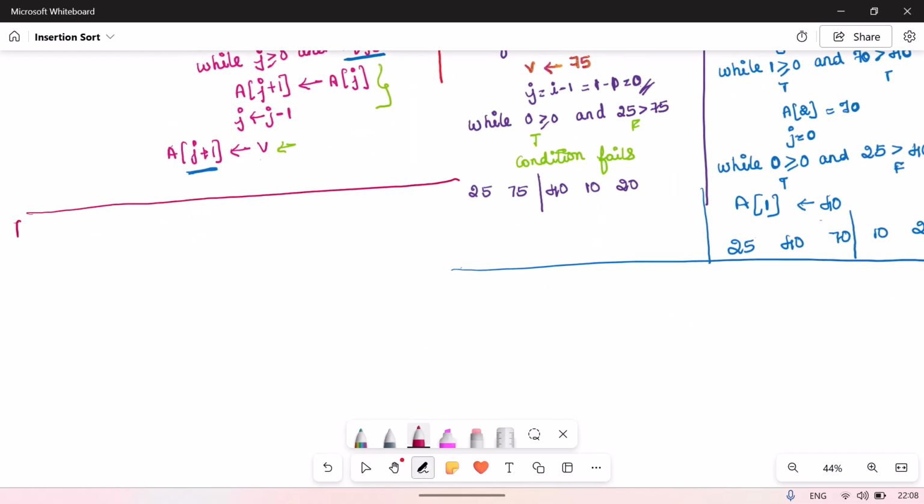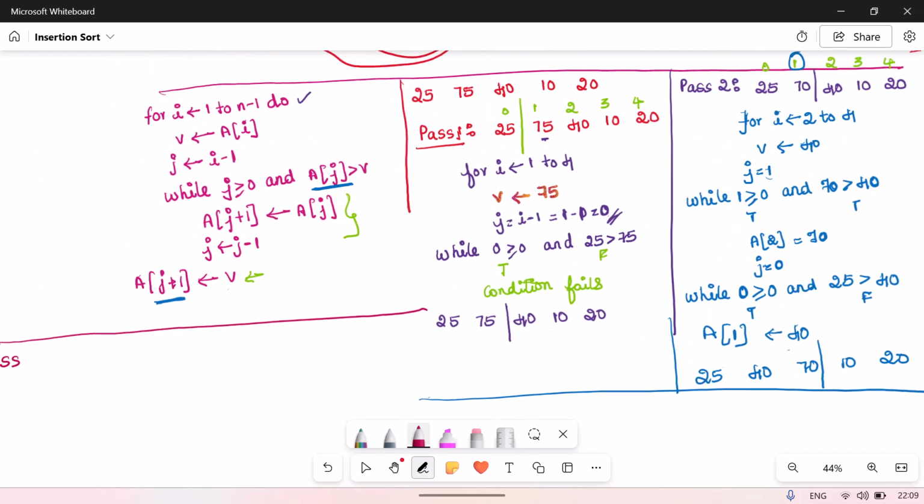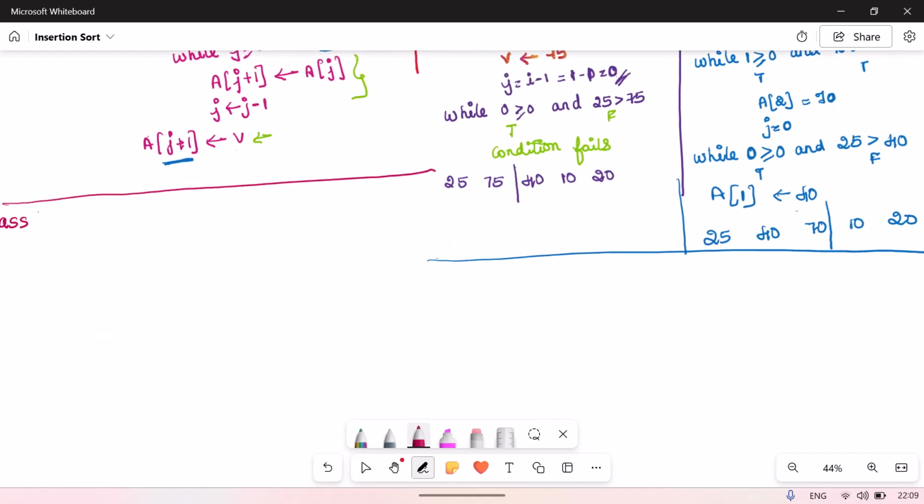Okay. So pass 2, sorry, pass 3. Pass 3, right? It's pass 3. The elements we have is 25, 40, 70, 10, and 20. So this is 0, 1, 2, 3, and 4.